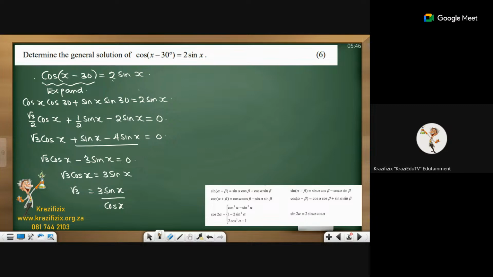I am already having sine x over cos x, and what is sine x over cos x? That is tan. Guys, I don't want to jump steps because we are at different levels. Root 3 equals 3 tan x. Can I then divide both sides by 3? And tan x is what? Root 3 over 3.